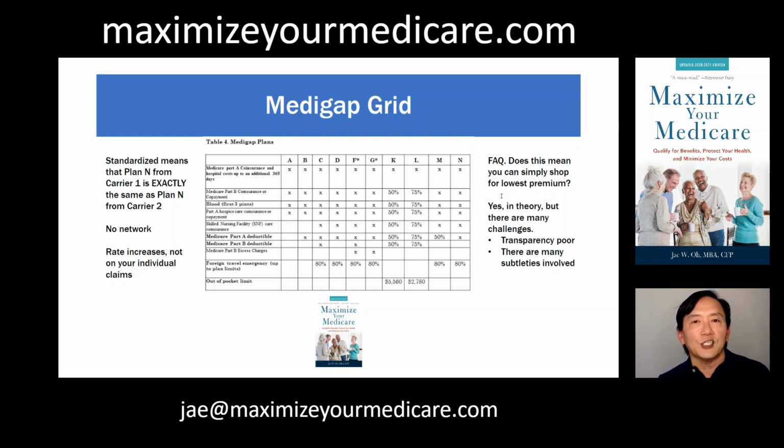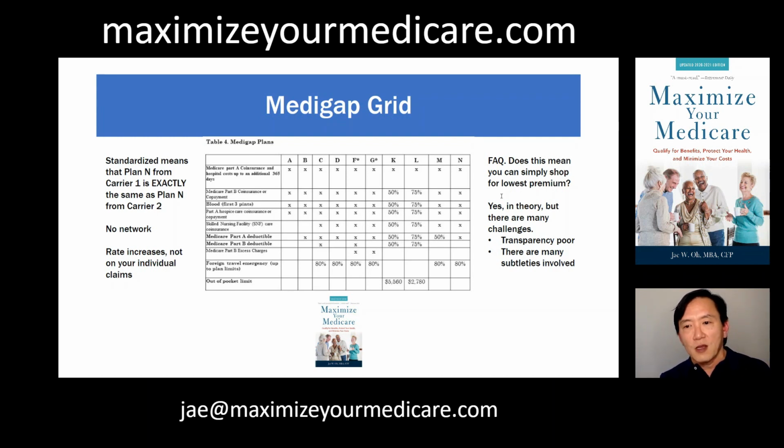But in practice, as a practitioner with clients around the country, it's far more subtle than this. Number one, transparency is pretty poor. If you try to click around and get the best price, that probably isn't the best price. That's the candid reality, even if you can get the price.